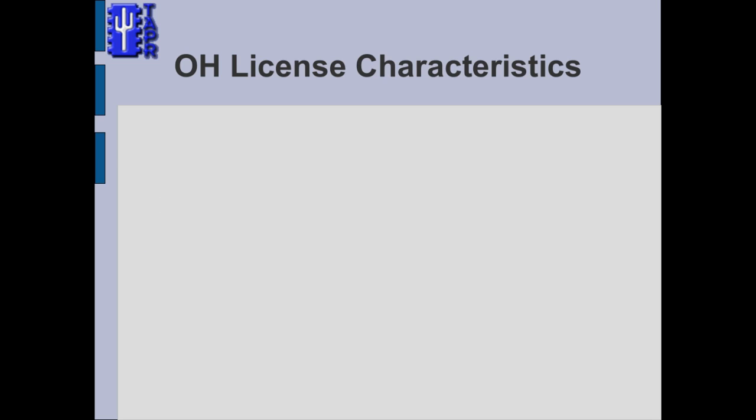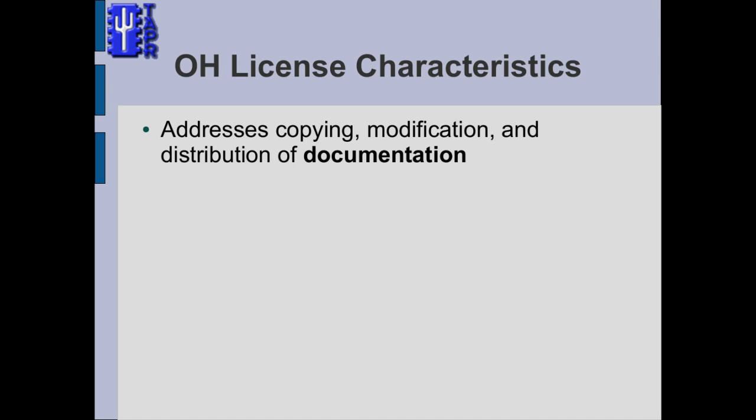That's a model that I think is feasible for open hardware, and we'll talk more about implementing that in a moment. But when we start to develop an open hardware license, what are the things that it needs to do, leaving all that legal argument aside? Well, it has to address copying, modification, and distribution of the documentation that is sufficient to allow you to make the product.